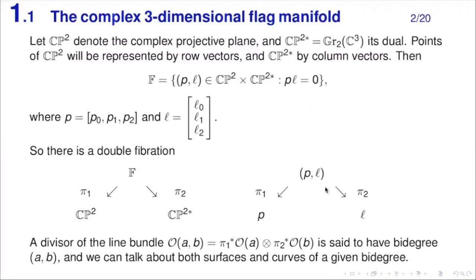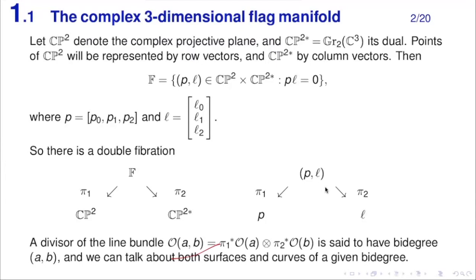Then we're going to start talking soon about surfaces in the flag manifold. Having this setup enables you straight away to pull back the standard line bundles on the projective planes and talk about divisors of bidegree (a,b), which means a power of a on the left and a power of b on the right.